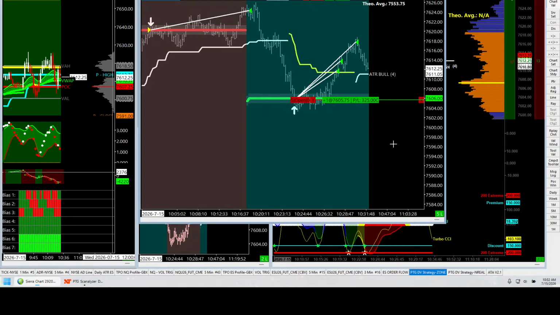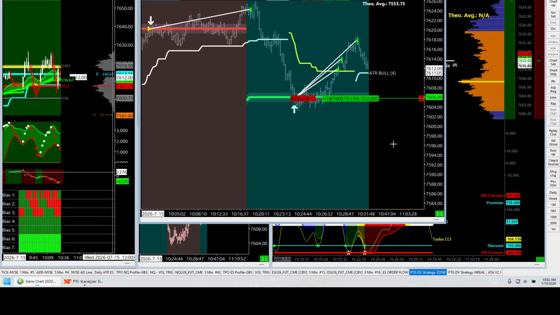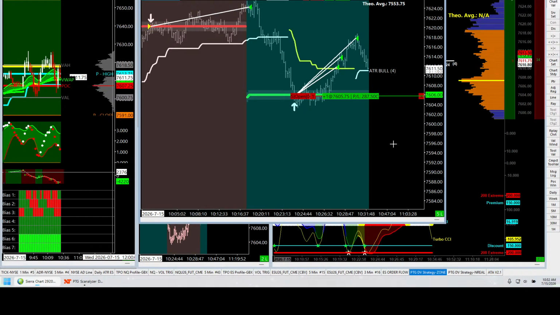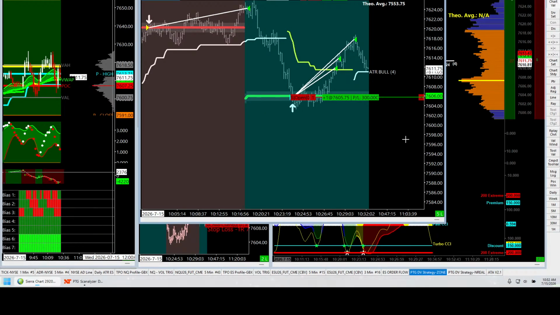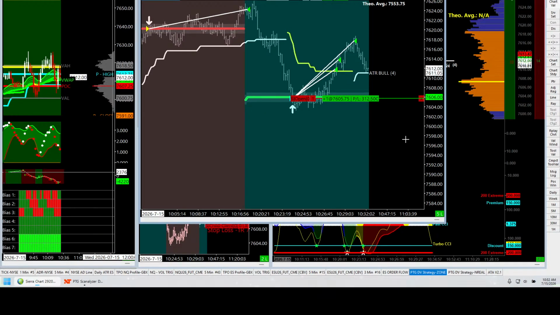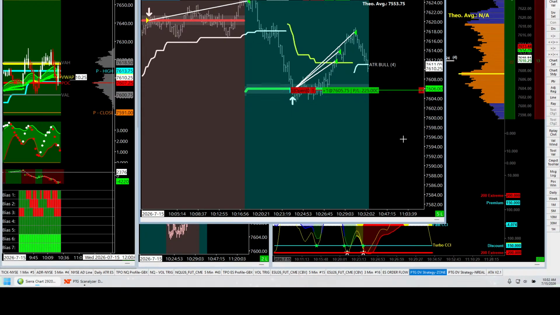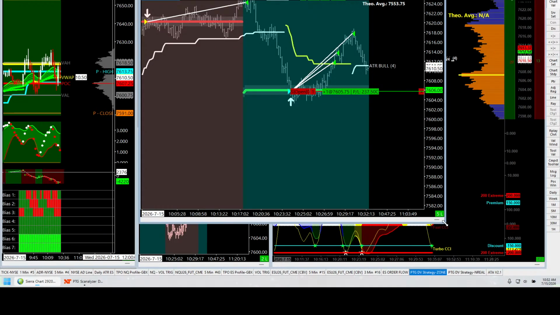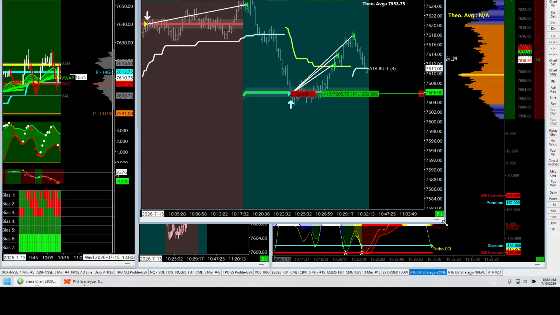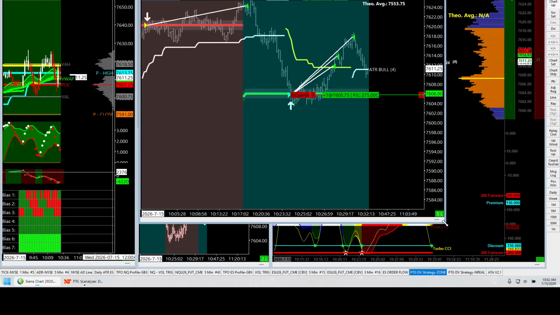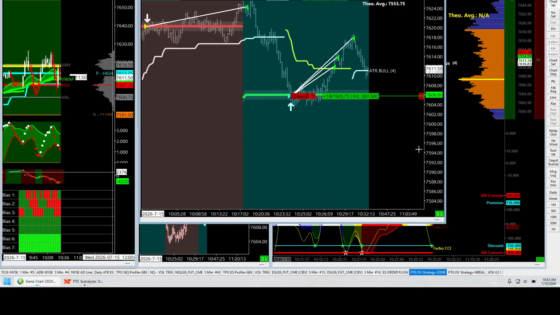The idea of the fourth one is if the market begins to run, right, is to have a runner to go along with it. That's the goal. If it gets stopped out, again, I'm accepting of that. But my goal is for it to run.